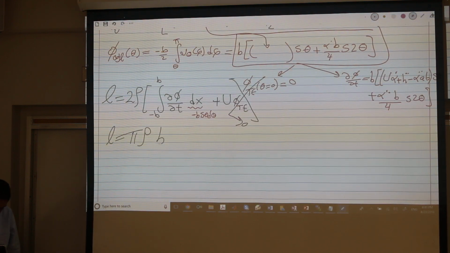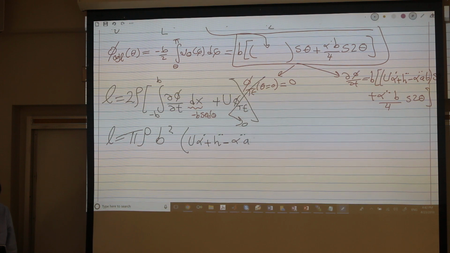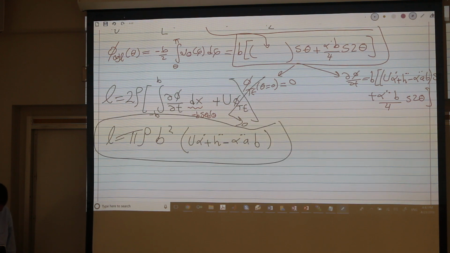Pi rho b squared times u alpha dot h double dot minus alpha dot ab. Another term. Yeah, yes, good. That's it. So this is the non-circulatory lift. Okay.